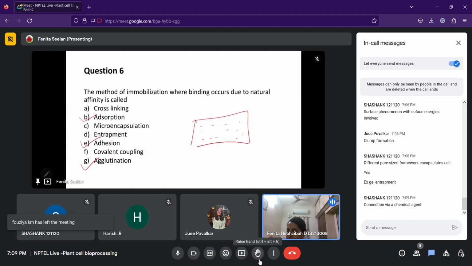So you are learning about immobilization here, and why do you first of all go for immobilization? What is the purpose of doing immobilization?